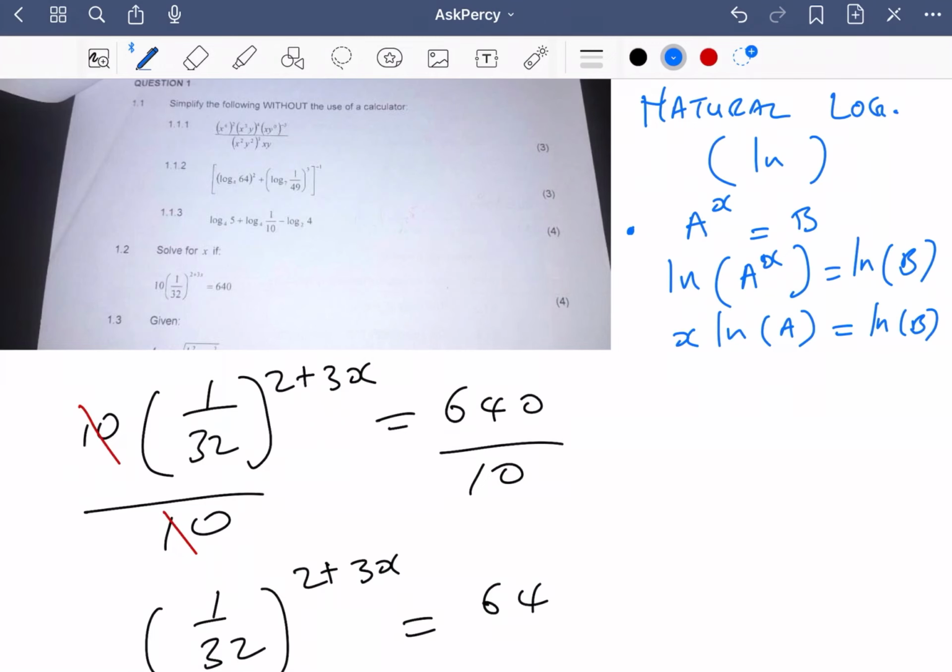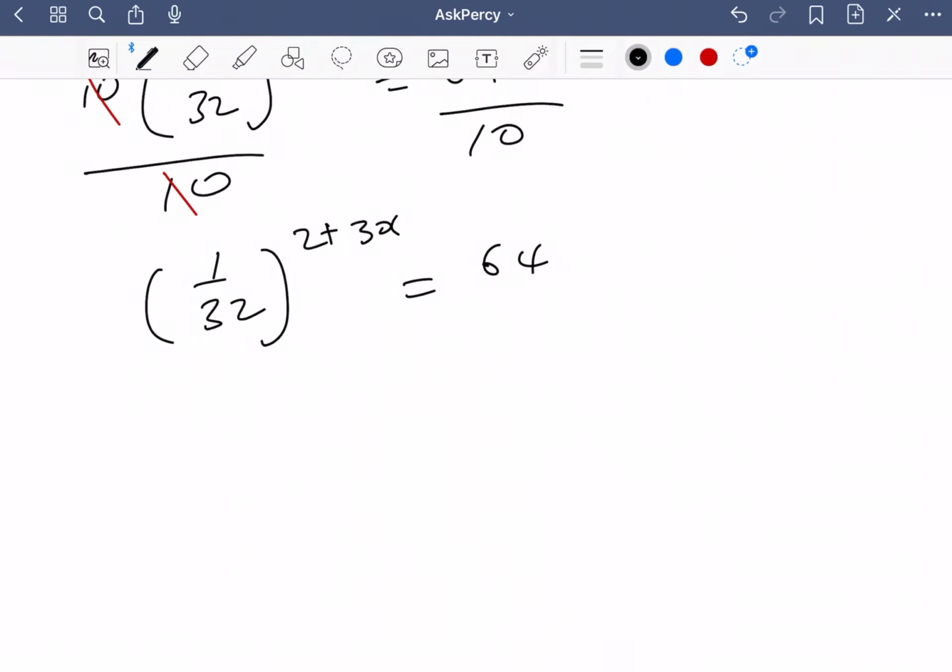Ln of any number to the power any number is equal to that number which is an exponent times ln of the number which is a base. So that's how you deal with a situation like this. So that's what we're going to do here. We're going to literally introduce natural log and do the magic.